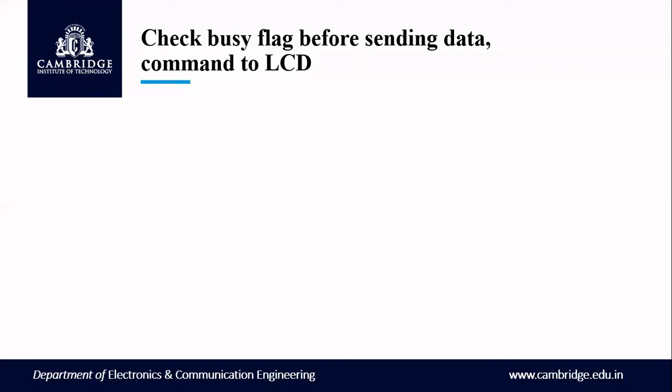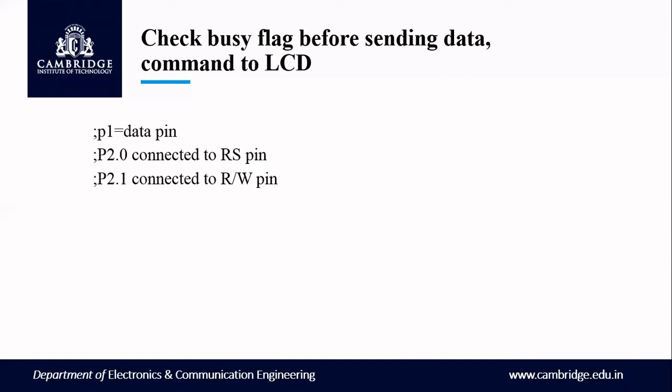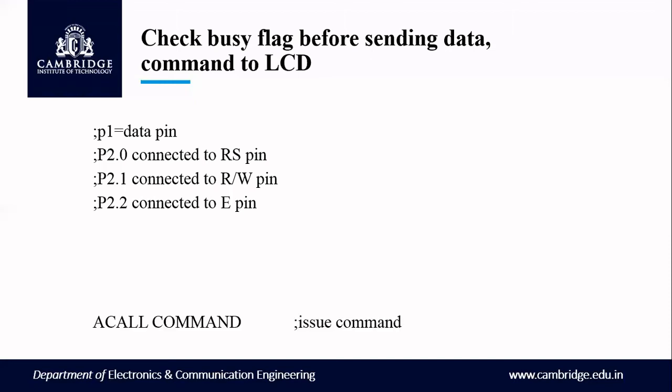So we need to check when it is cleared. That indicates it is ready, so that I can send the codes. So let us see this program. This is the same thing: P1 data pins, P2.0 for RS, P2.1 for read write pin, P2.2 for enable pin. So ORG 0, now I want to send 38 as a command code.